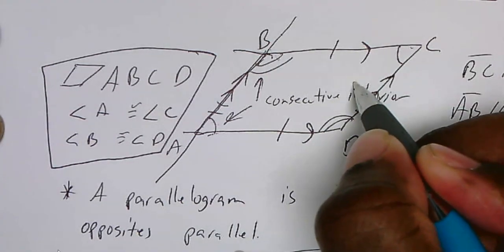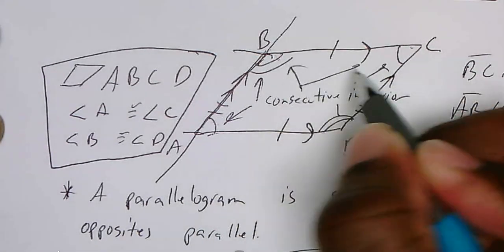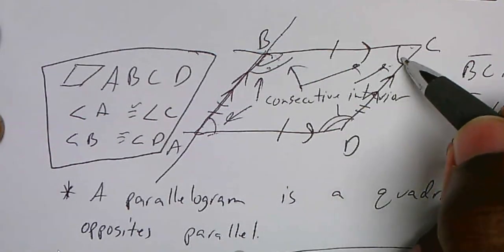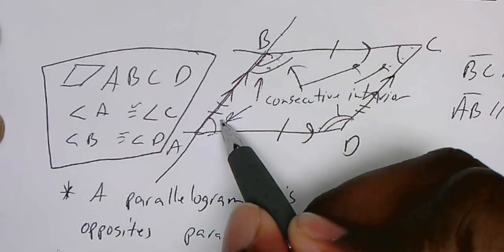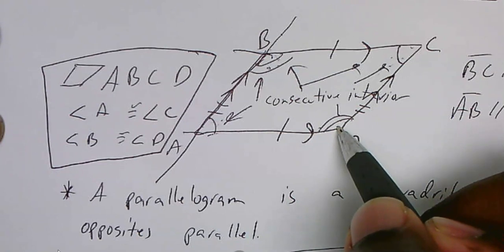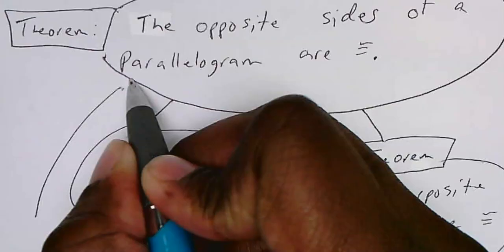These two are consecutive interior as well, because these two are also parallel lines. So any pair of consecutive angles are supplementary. So another theorem related to parallelograms is that consecutive angles are supplementary.